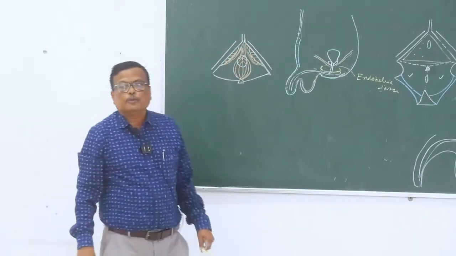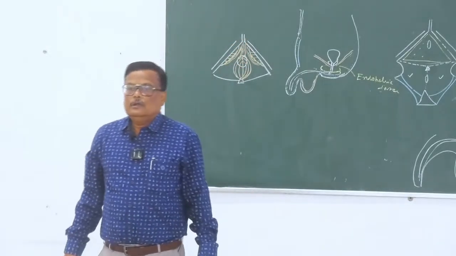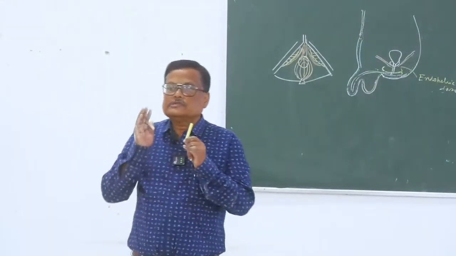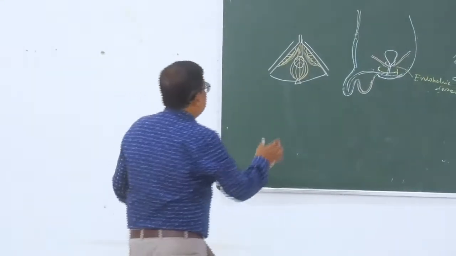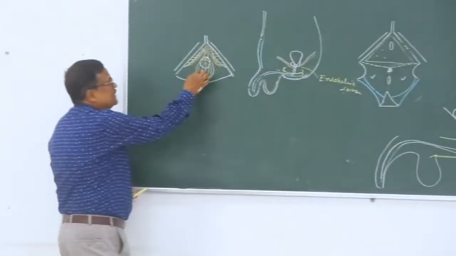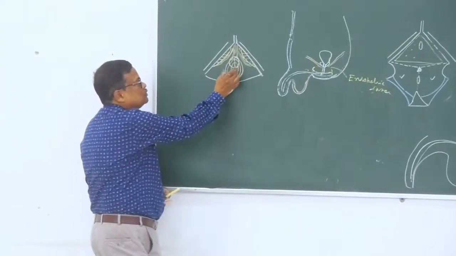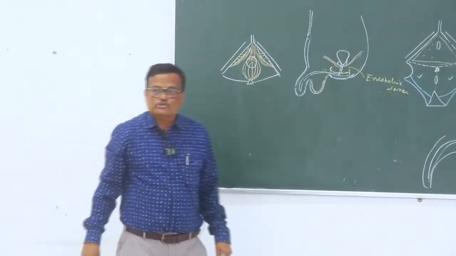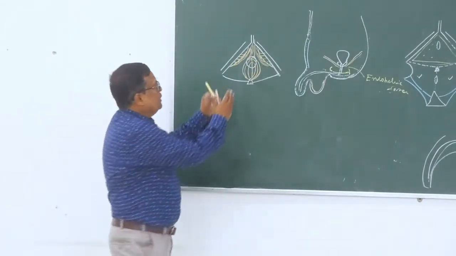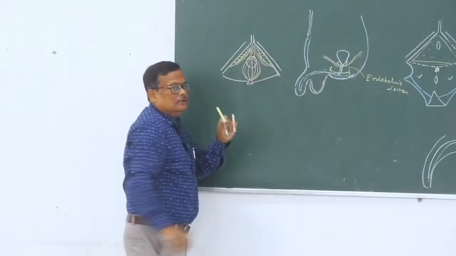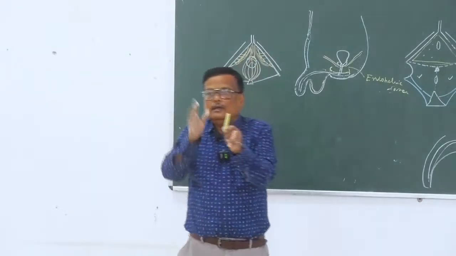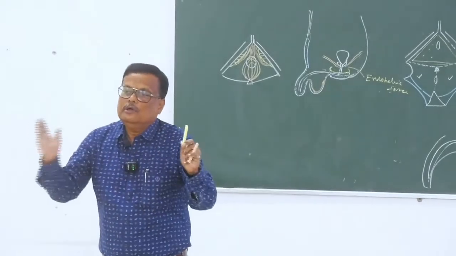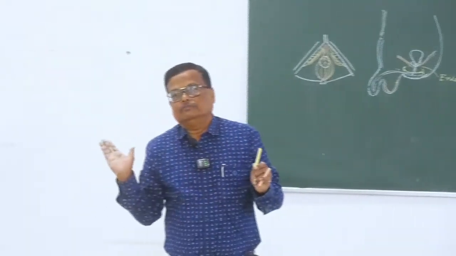We call it bulbospongiosus. In female, bulb of the vestibule. In male, this bulbospongiosus is single. Right and left have joined together to form a single muscle, bulbospongiosus. In female, there is a cleft gap. So the bulbospongiosus muscle is also divided into right half and left half.